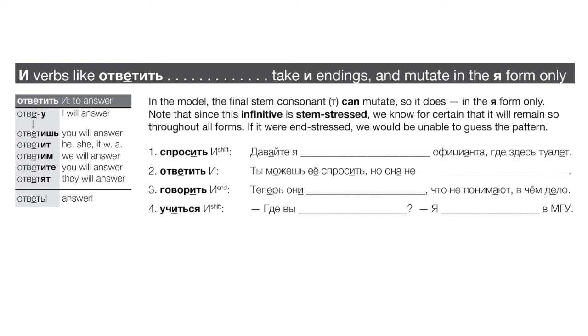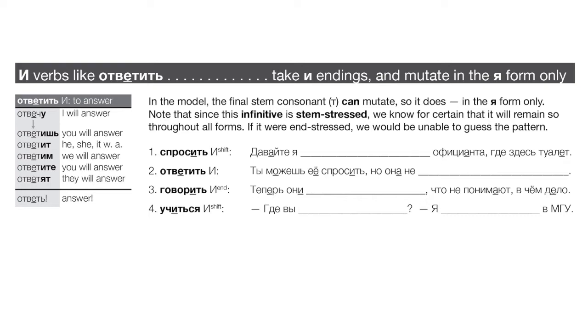Okay, so let's look at е verbs like ответить. These е verbs take е endings, and if you remember, they mutate in the я form only if a mutation is possible. So remember that little formula. That's really important to really master, because there are so many е verbs. So this is something you really can't avoid at all in Russian.